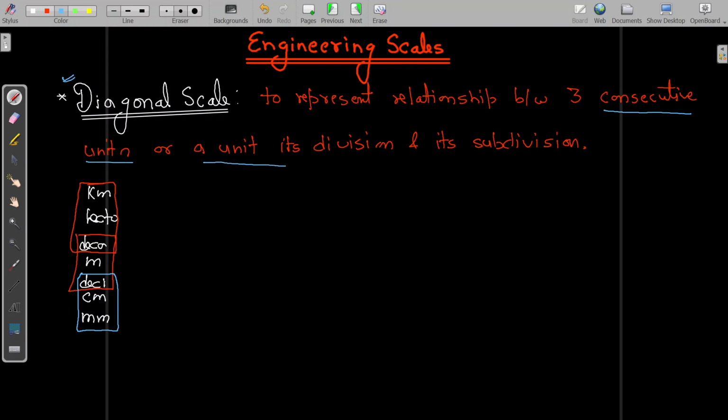The second part is units, its division and its subdivision. For example, we have given a unit like 400 kilometer or 400 meter. If we divide it further into four parts, then it will go into 100 kilometers.